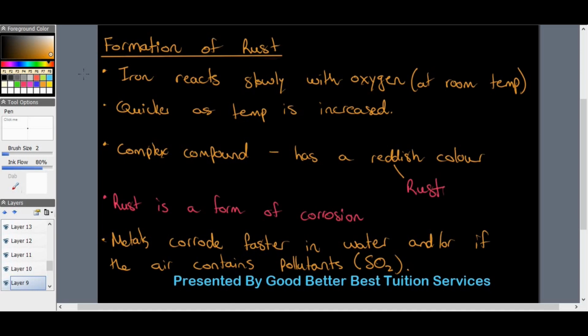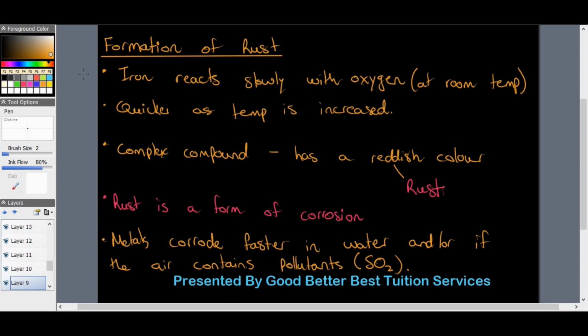Steel is actually a combination of more than one metal, by the way. However, steel rusts and corrodes easily because it consists mostly of iron. So steel, a combination of metals, rusts quite easily because most of what it consists of is iron.